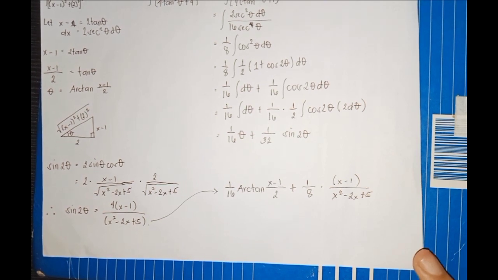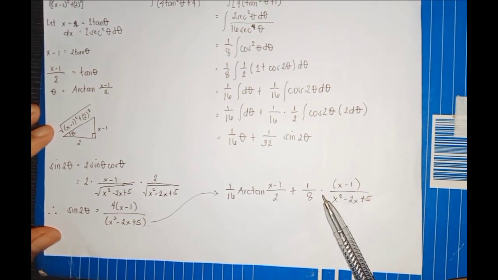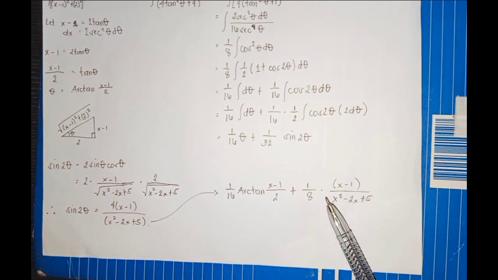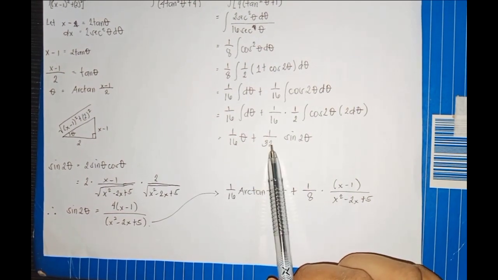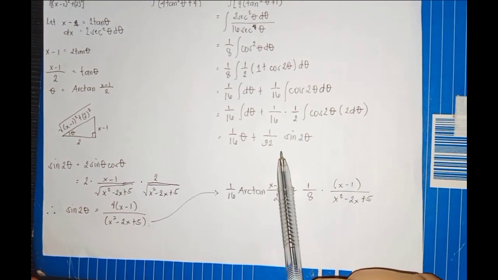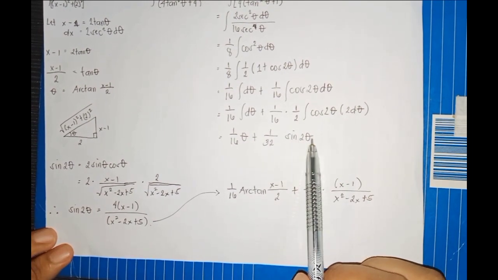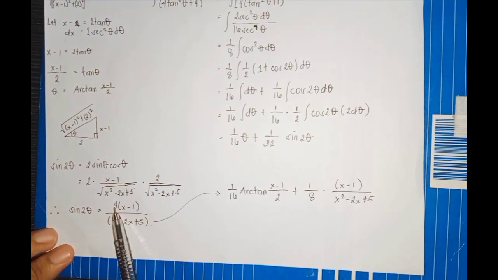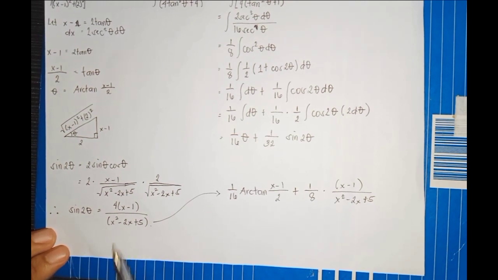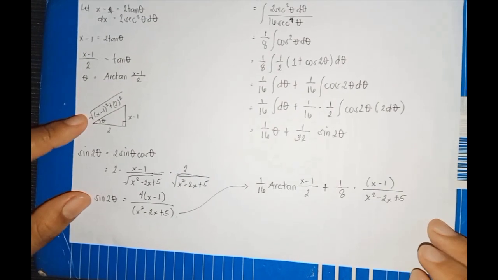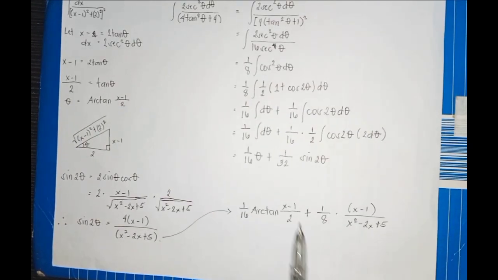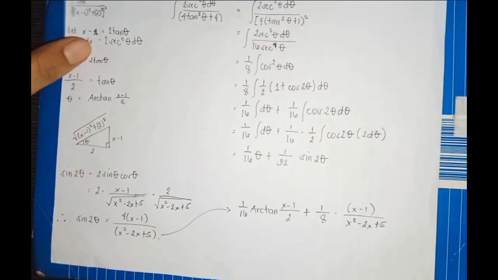Okay, so why 8? Because we divide the 4 into 32, because this one is sin 2 theta. Our sin 2 theta will be 4x all over the, like that. So this will be the last term, so let's write it.